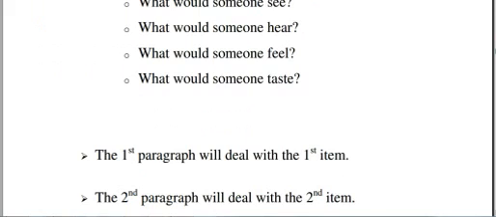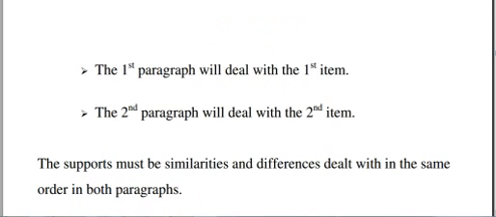The first paragraph will deal with the first item. The second paragraph will deal with the second item. That is very important. The supports must be similarities and differences dealt with in the same order in both paragraphs. This might be a little confusing, but I'm going to try and explain this very clearly throughout the whole thing.